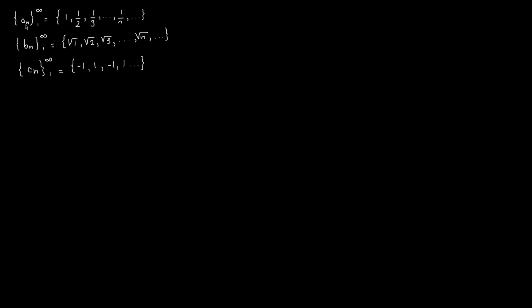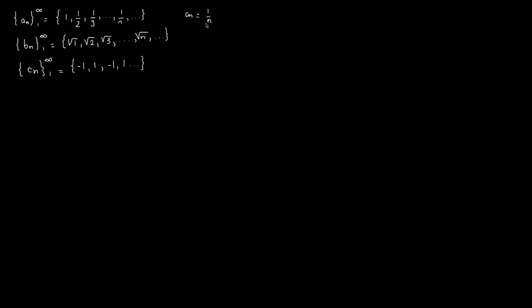So let's start off with three different sample infinite sequences. We've got the first sequence an, starting from 1, going to a half, going to a third, going towards 1 over n, and eventually going towards infinity. Another way of defining this sequence is to give it some sort of rule. So I'm going to write this: an equals 1 over n.